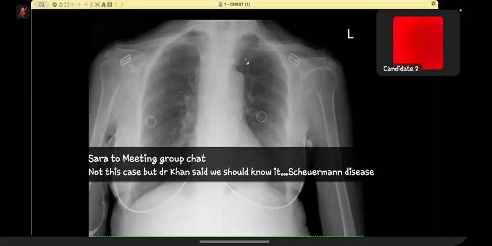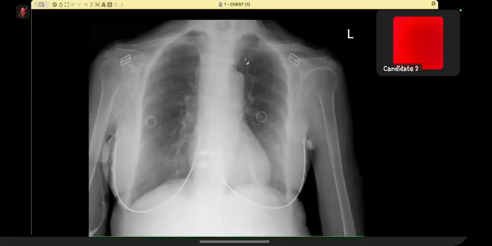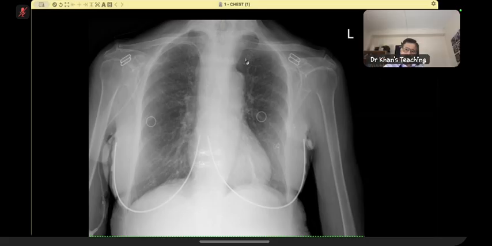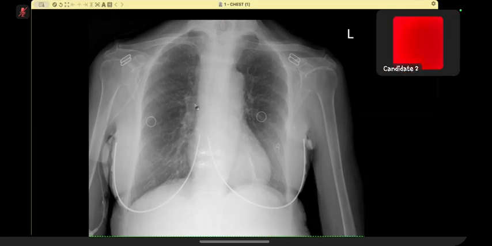The aortic shadow is seen, but on the right side of the mediastinum in the upper zone, point it out to me, this opacity, it appears to be suspicious for a distended esophagus.